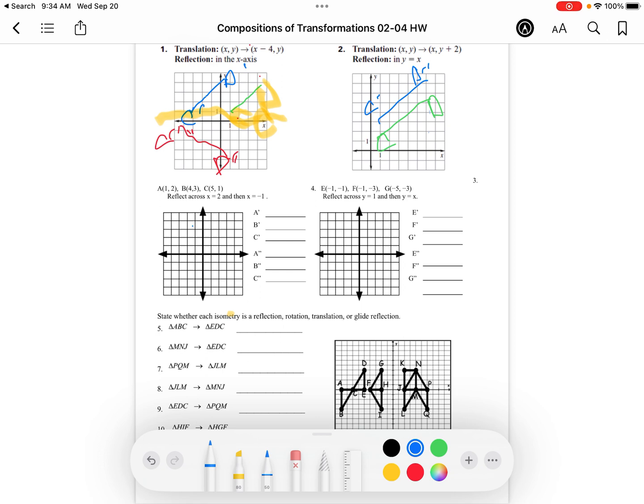And then we're going to reflect that over a new axis, y equals x. So let's draw that in ever so slightly. And that means the y and the x will change values. Just use your cheat sheet, your tool sheet, I should say, to get that in.